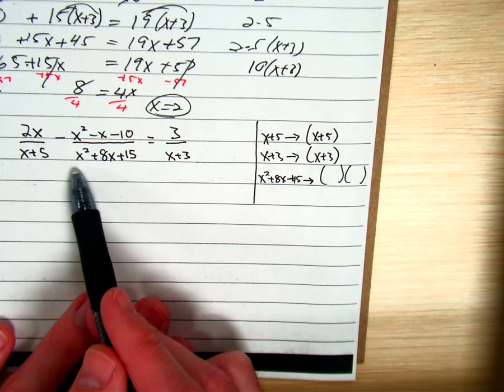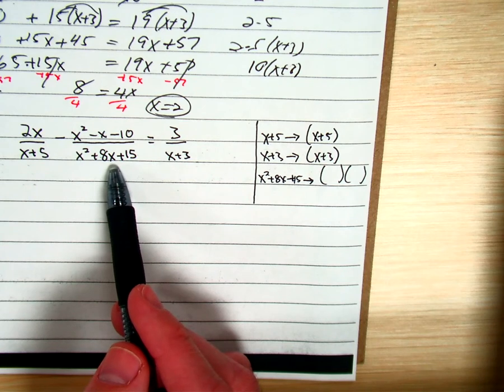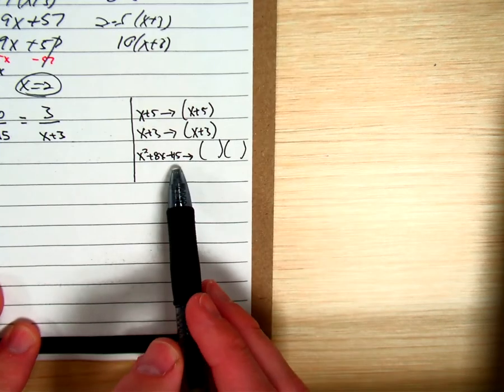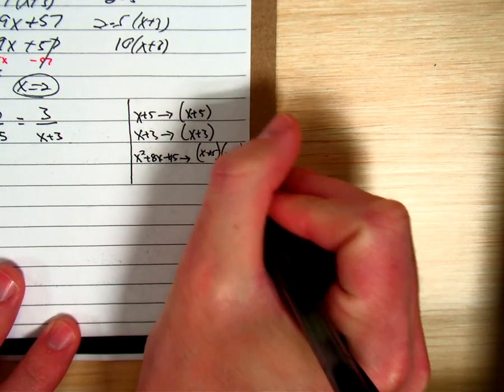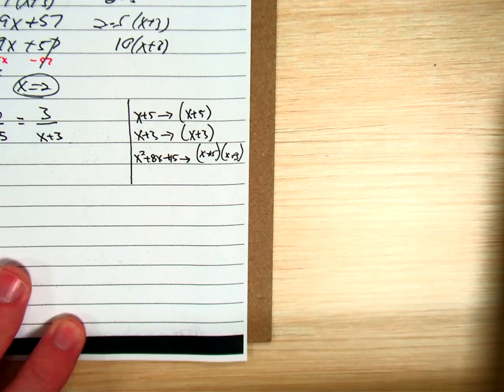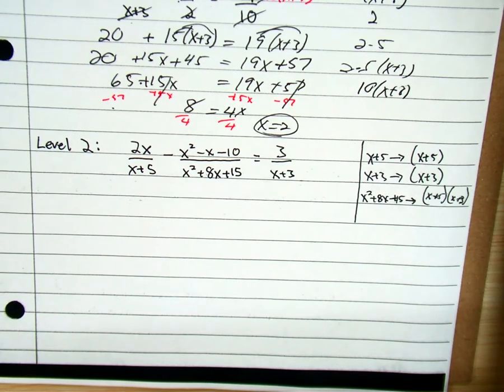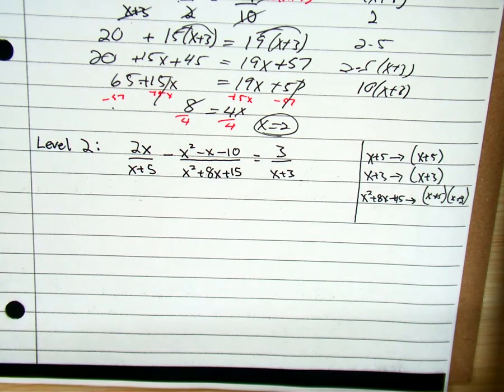So does x squared plus 8x plus 15 factor out to be what multiplies to 15 and adds to 8? Yes, it does. It's x plus 5 and x plus 3. So usually this is going to work out to be both of those, but double check to make sure.